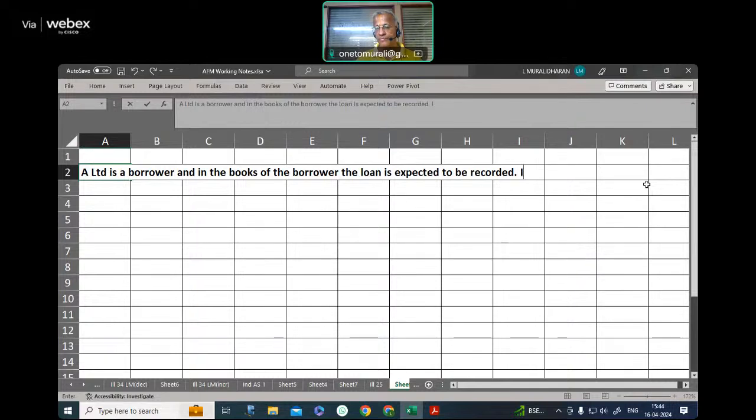It is a financial liability. So, loan amount 10,000.